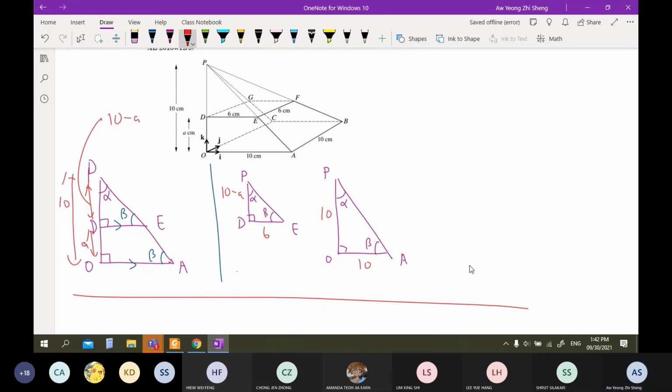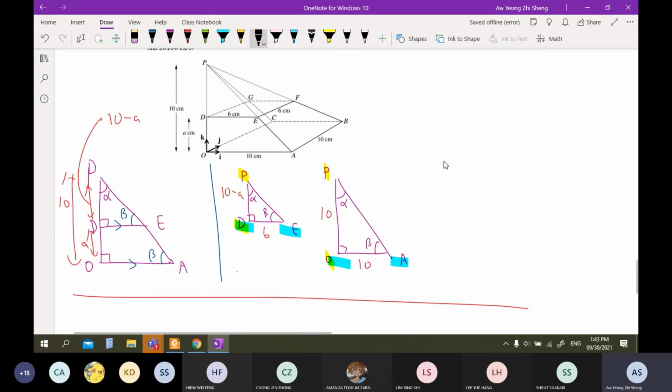Now, obviously the sides PD and PO will correspond if you compare these two, and DE corresponds with OA. There are actually three fractions that you can equate when you have similar triangles.